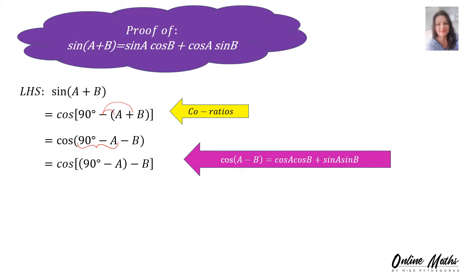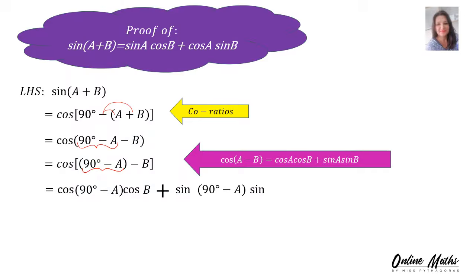And the rule is cos A minus B is cos cos sin sin. So that one you can write as cos cos sin sin. And then the angles will be 90 minus A, B with a plus. Remember, in cos the sign is different.